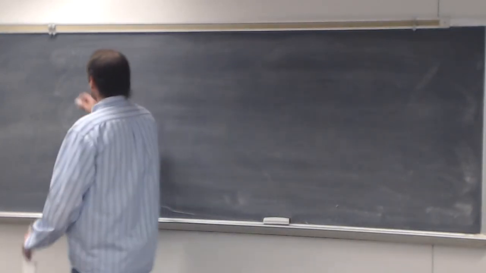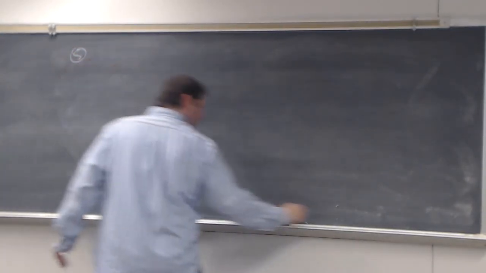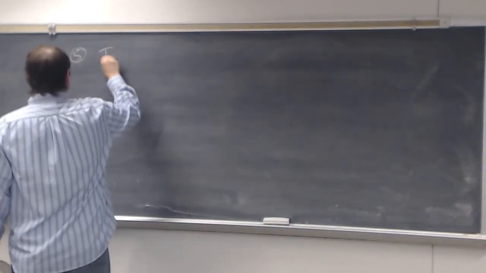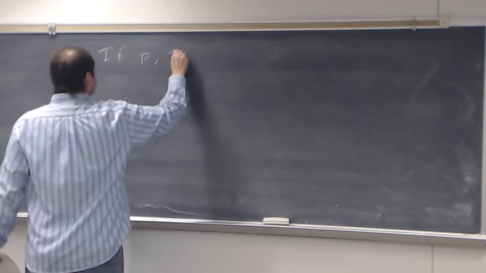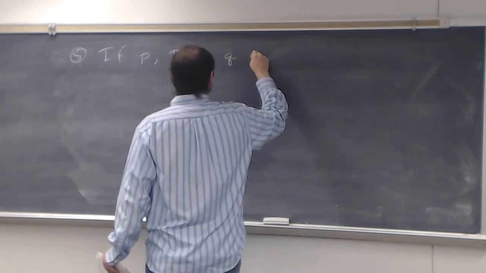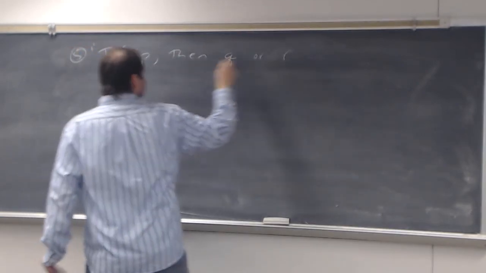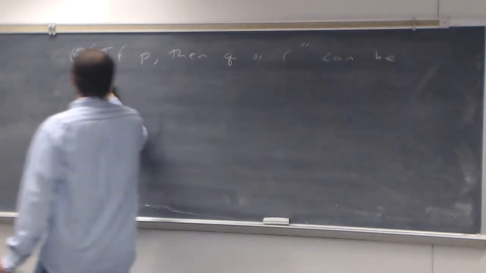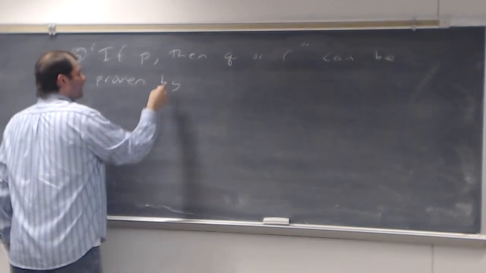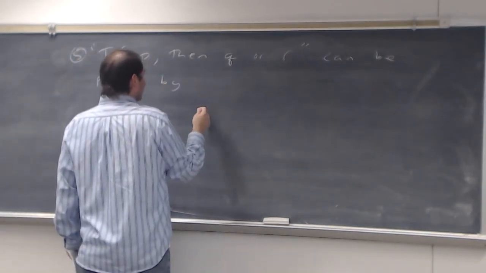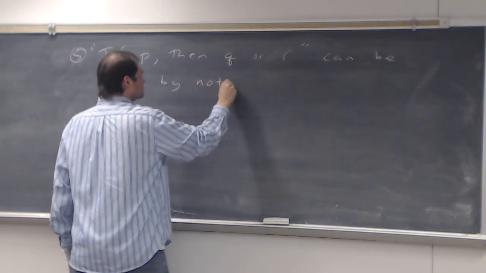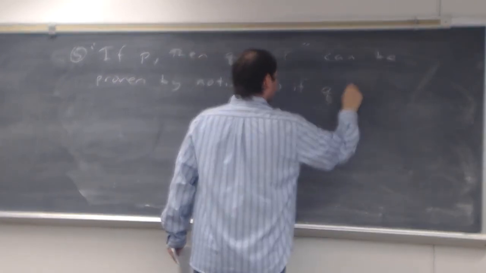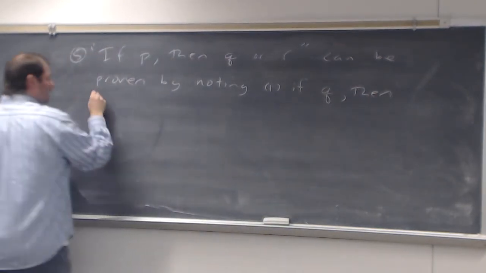Next thing I want to look at is a statement having to do with proving if P, then Q or R. So if we want to prove this type of statement, we can do so by breaking it into cases by noting the first situation is if Q, then the statement is true.